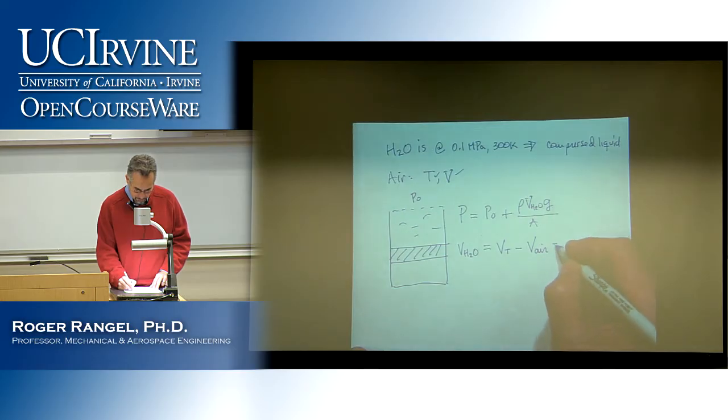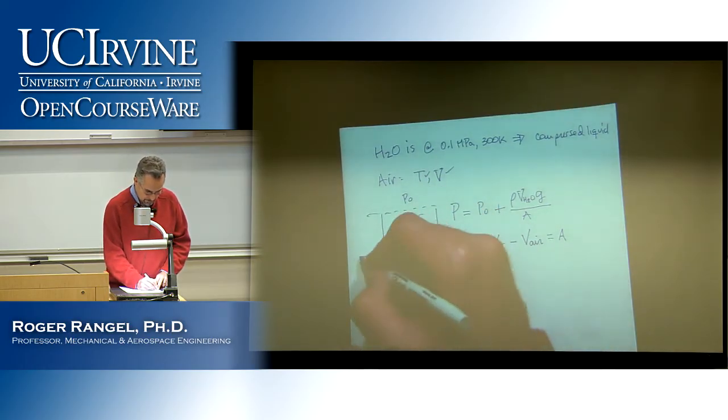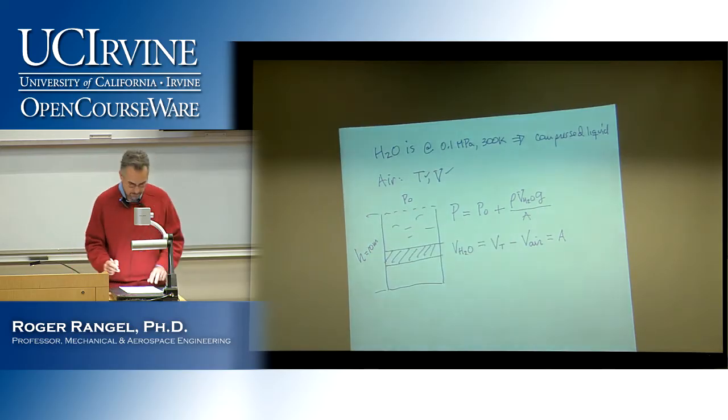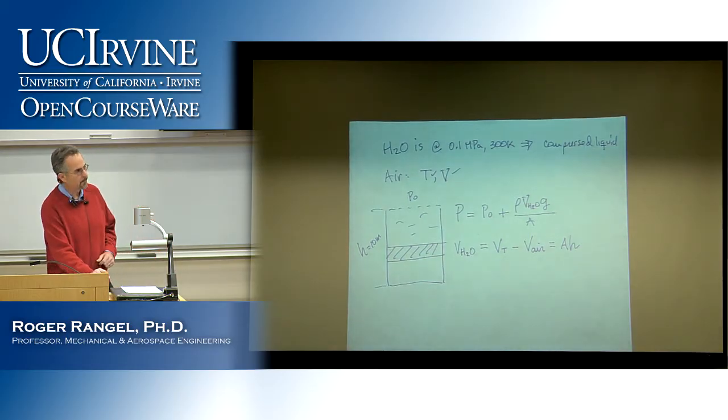The total volume is the area that was given to us times the total height. This h of 10 meters was given to us. So area times the height is the total volume.